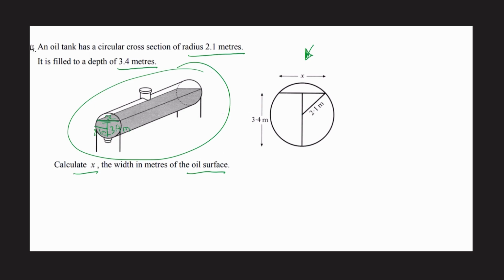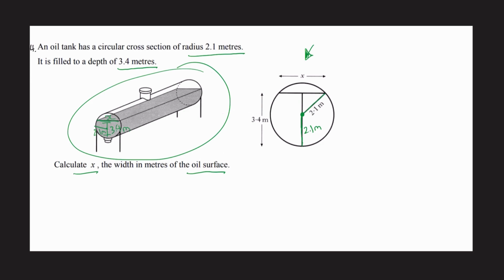Because this line here is 2.1 meters, we can assume this is the center of the circle, because whenever you move from the center of the circle to the circumference, that's the definition of a radius. So this also has to be a radius, because it goes from the center of the circle to the circumference, so this also has to be 2.1 meters.